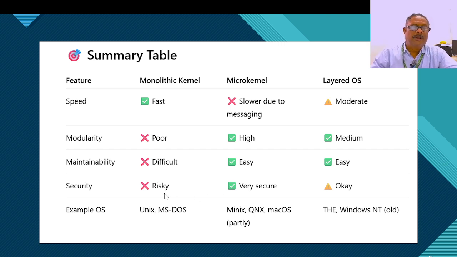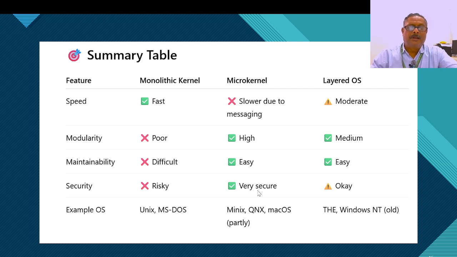As far as security is concerned, the microkernel is highly secure because in this case, very few things are working under the kernel mode. The layered operating system is okay, but monolithic is highly risky because if any one thing fails, then everything will fail.